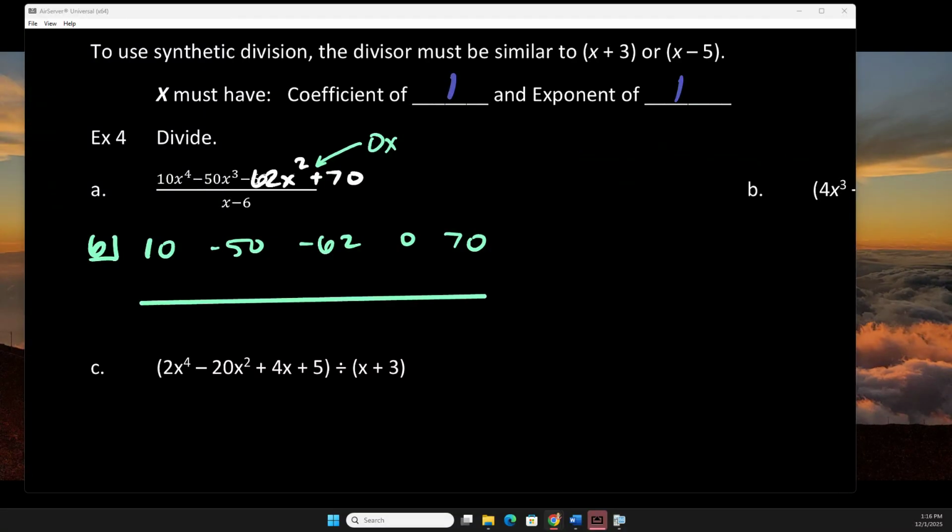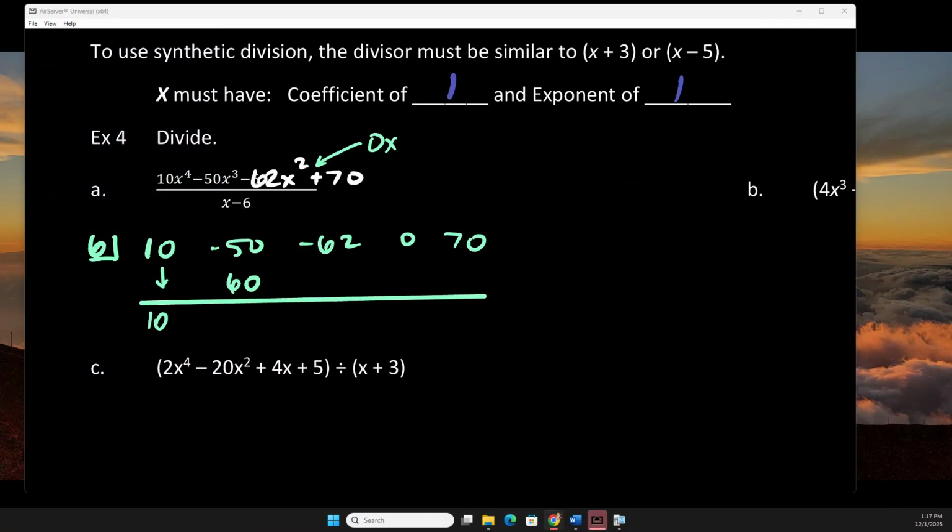Right, then you're going to leave some space and draw a horizontal line. This very first coefficient comes straight down. Right, and then you're just going to multiply and add. So you multiply the number in the box by the number under the line, and it goes under the next number, 60. And then you're going to add. You add these two together.